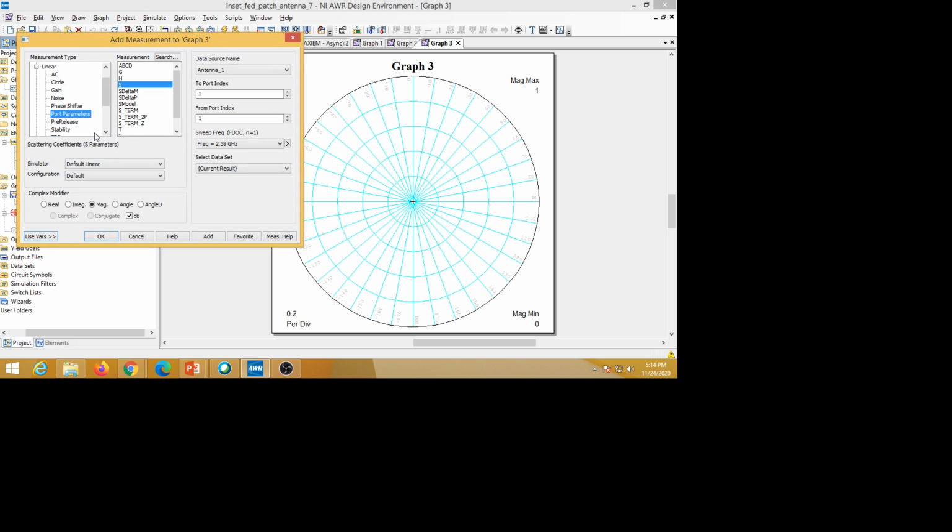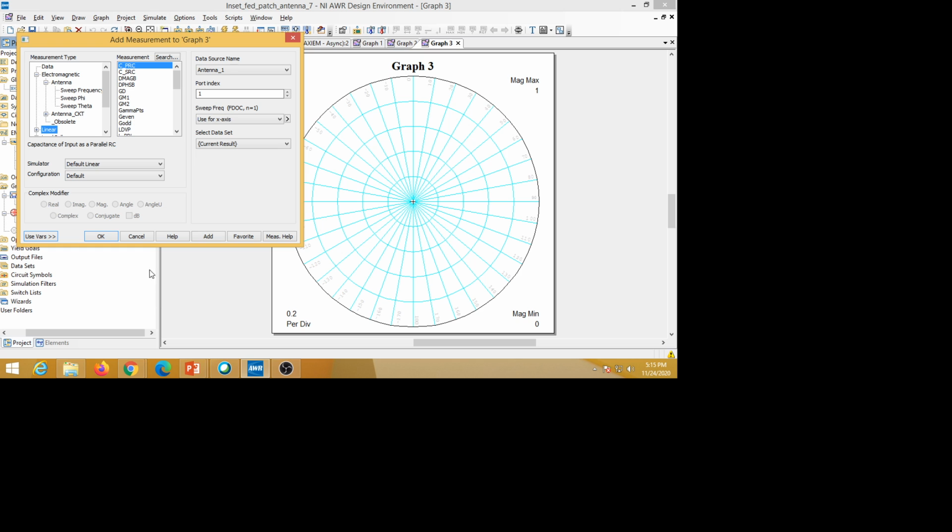Again, what we have to do here, you should go to electromagnetic, under that antenna, it will be like this. You should click antenna, there you should see sweep phi or sweep theta.